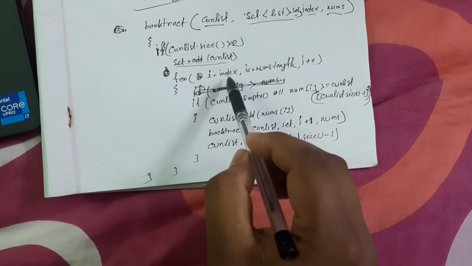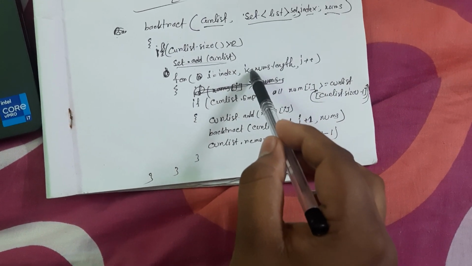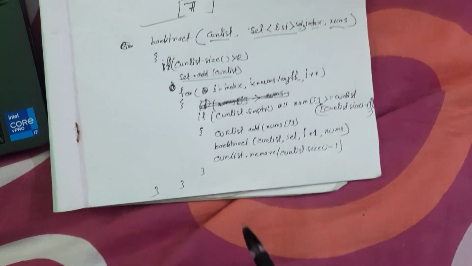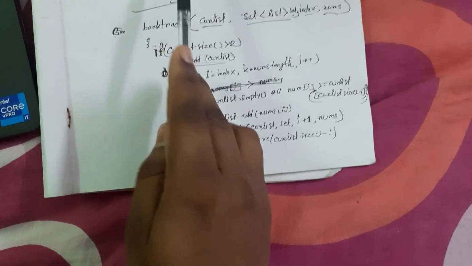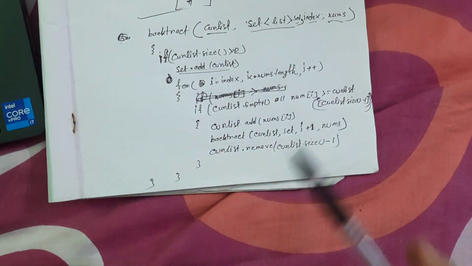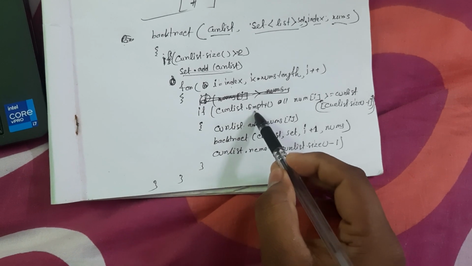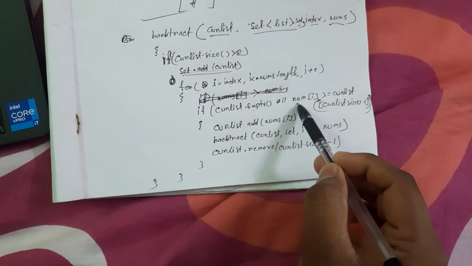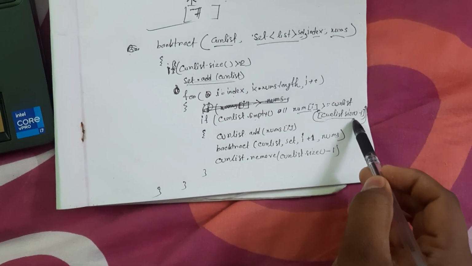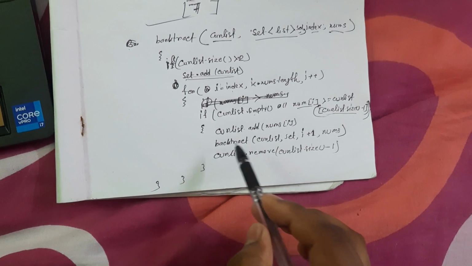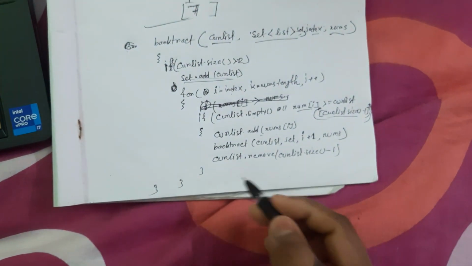Then I iterate from the index to our last index, and I check if the current list is empty, or whether the current value is greater than our previously inserted element. In that case only we add that element to our current list, like we did here.